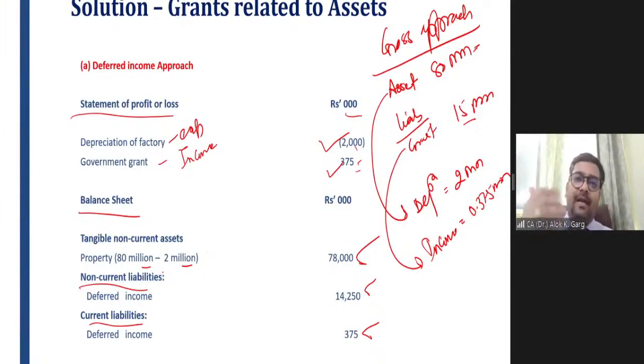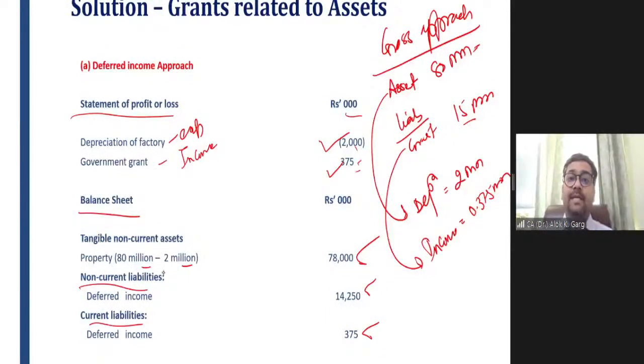The remaining grant is 15 minus 3,75,000. The amount which can be adjusted within 1 year has to be shown as a current liability. The amount which has to be adjusted in the next 38 years, since 1 year has gone, we have shown as a non-current liability. I hope it is clear to everyone.